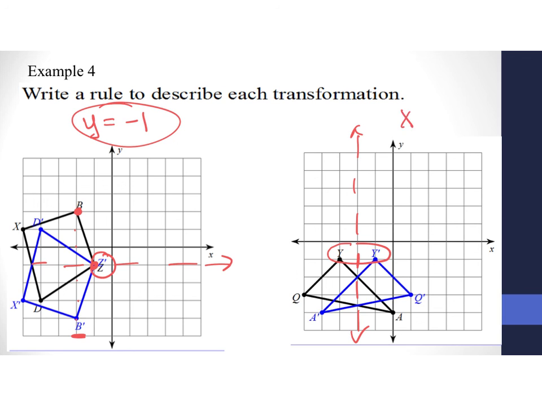And I could say that this is x equals, it looks like -2. And I just want to confirm that that's right. So I'm going to pick another point, and I'm going to look at Q. So my pre-image says that Q is 1, 2, 3 units to the left. And if I look at my image, that means I need to be 3 units to the right. So I have 1, 2, 3, and that does confirm. So I have a reflection over x equals -2.